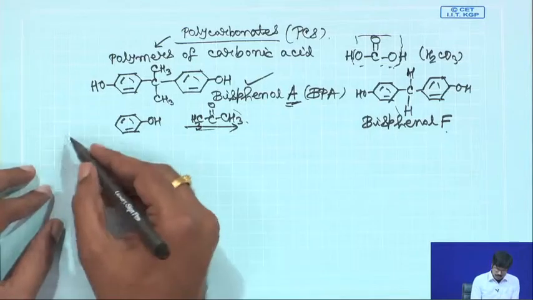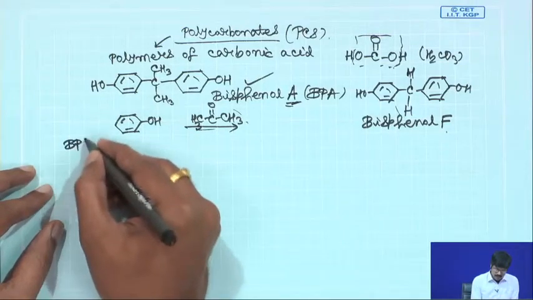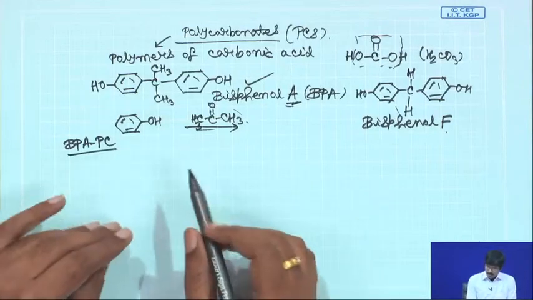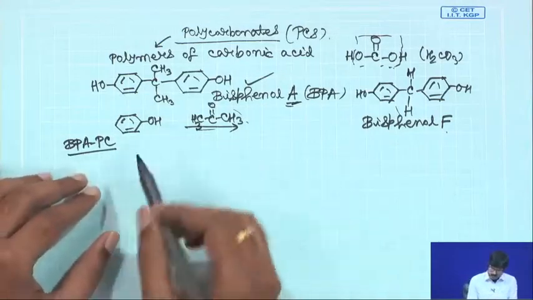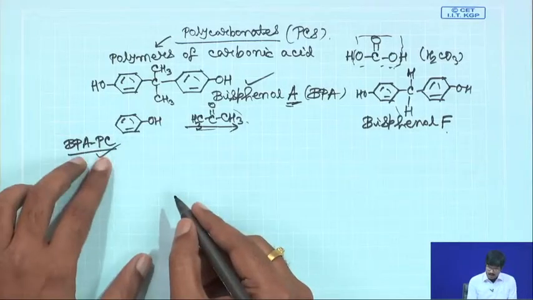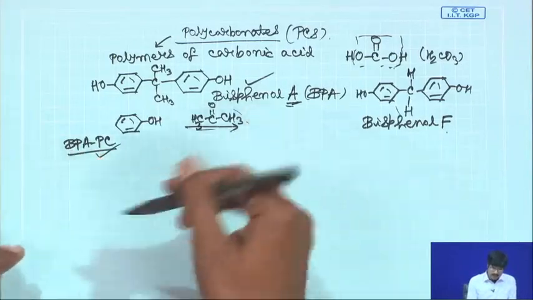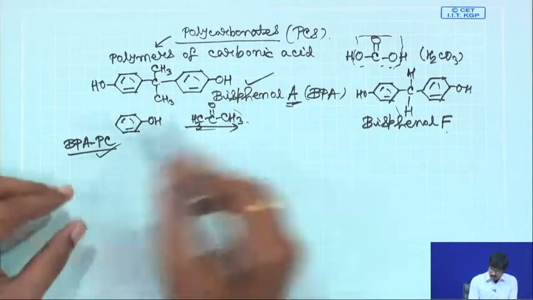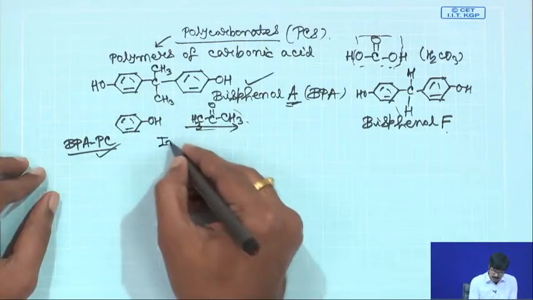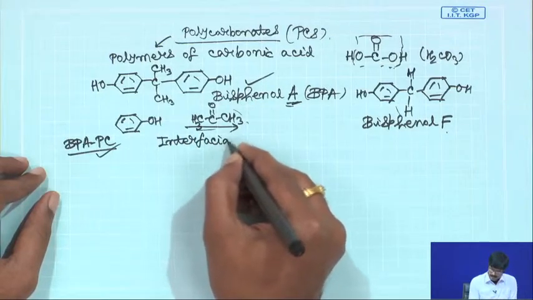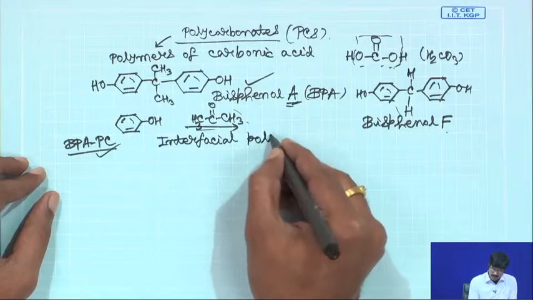Now, we are going to talk about bisphenol A based polycarbonates, BPA-PC, and one of the main ways to prepare bisphenol A based polycarbonate, which are the industrially important polycarbonates, is interfacial polycondensation.